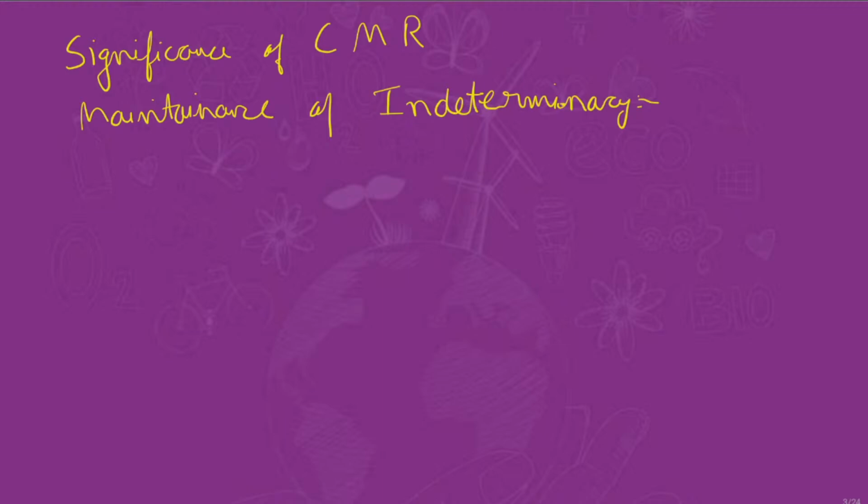Its dynamics and structural organization differ among taxa, giving phylogenetic and functional significance. In essence, CMR is the engine for sustained organized growth, ensuring the shoot apex remains functional and capable of producing new plant parts throughout its life.